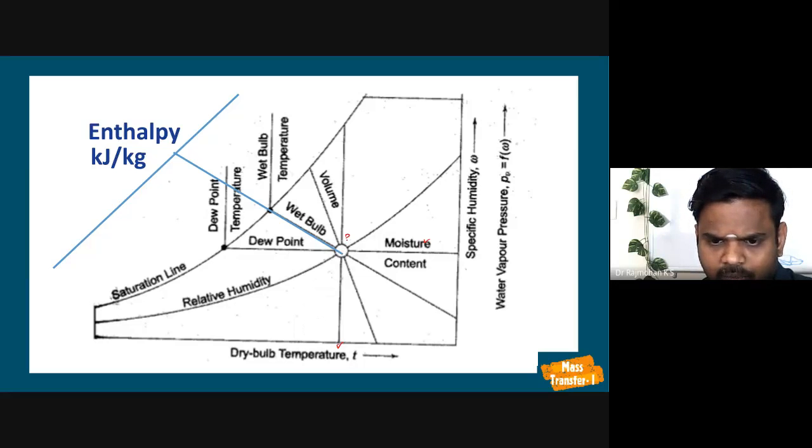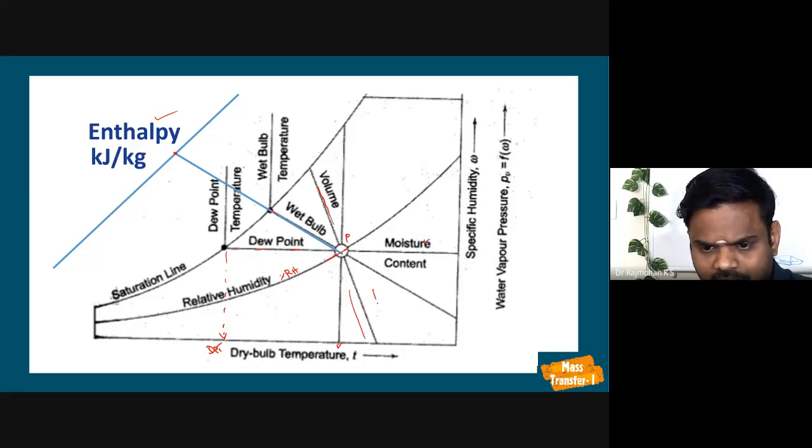Once we mark the point P, then the other parameters such as dew point temperature and wet bulb temperature can be determined. The same line extended up to here we will get enthalpy, and we can get the relative humidity percentage RH.